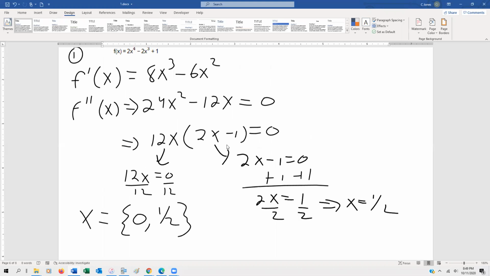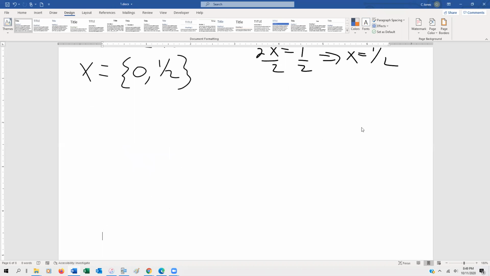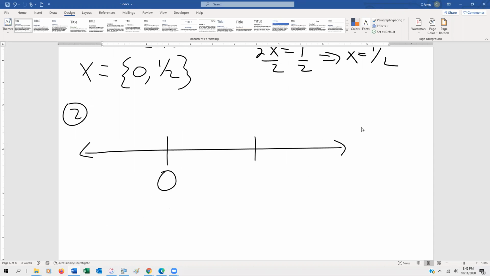Just like we did in the previous examples, we find critical values. Second step, sign chart. We have two values, 0 and 1/2. If it's helpful, label positive infinity on the right and negative infinity on the left.